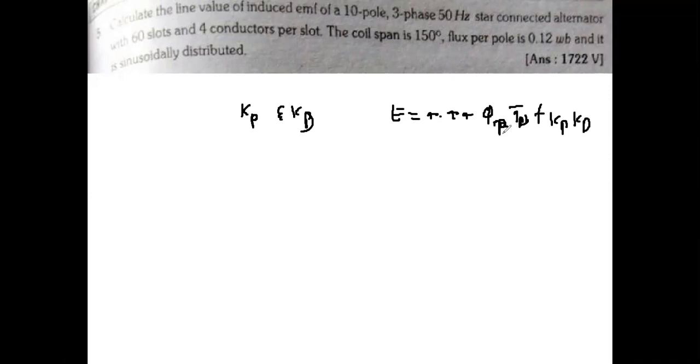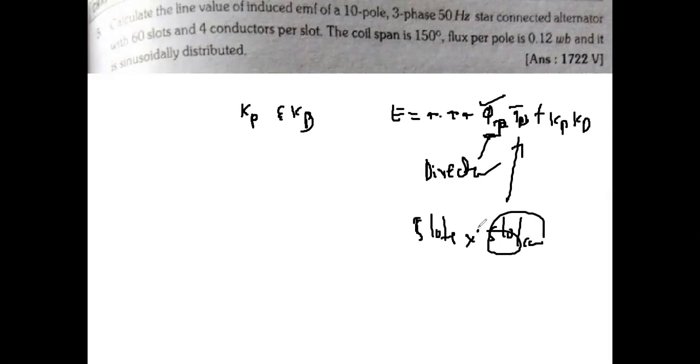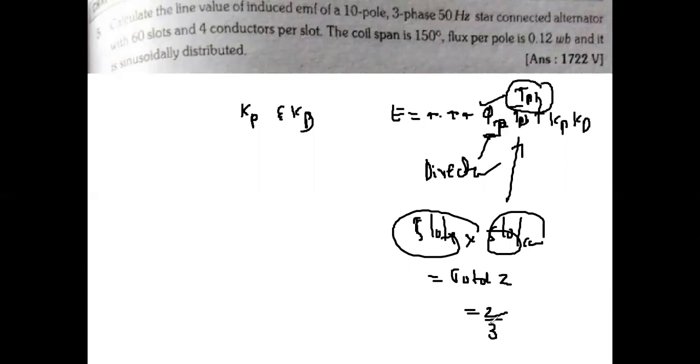The flux they will give directly, but the turns are given indirectly, in the way of the total number of slots and the conductors per slot. You multiply both, and you will get the total conductors Z. If you divide by 3, you will get the conductors per phase, because here we need to find turns per phase. Since there are 3 phases, Z by 3 gives single phase conductors.